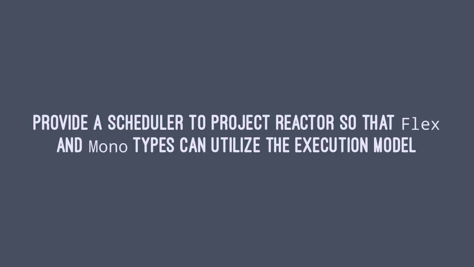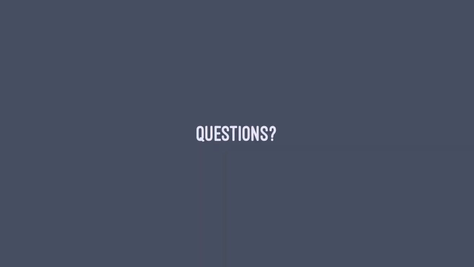We potentially in the future will be able to provide a scheduler from Ratpack's execution model over to the Project Reactor execution so that we can map those Flux and Mono types over to promises and delimit the execution accordingly. Very similar to the way that we work with RxJava, as we showed. All right, that's what I got.